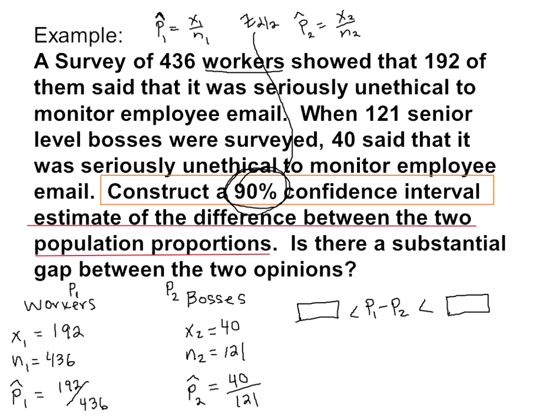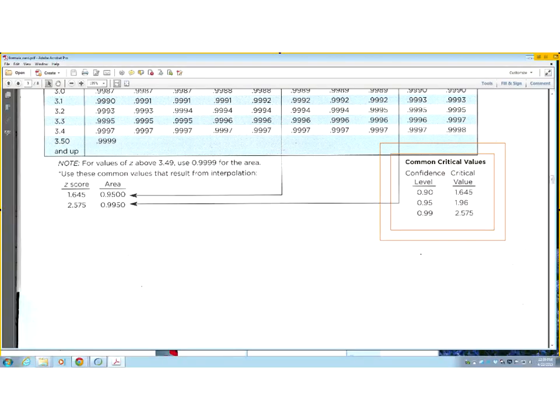And you already told me which table to go to. It was table A2. And I think this is the one that I had copied, although I don't see it anymore. Here it is. Okay, so for a 90% confidence interval, it looks like my critical value is 1.645. That's from table A2.